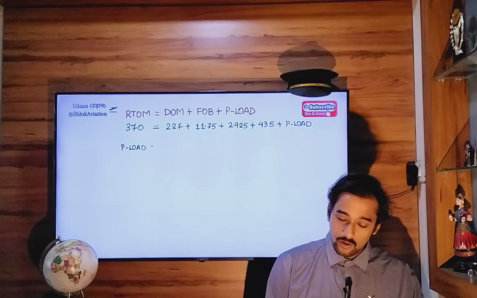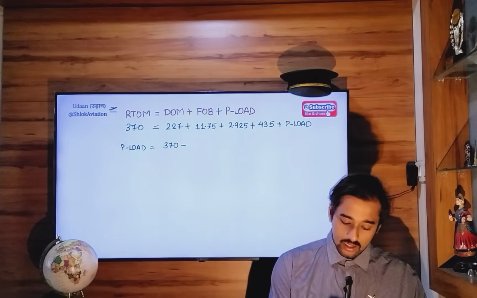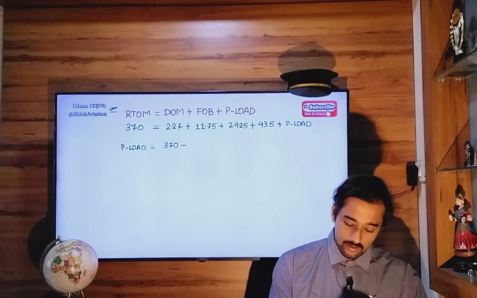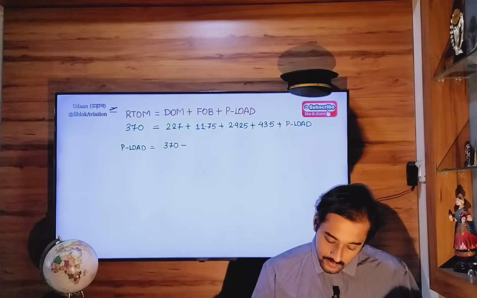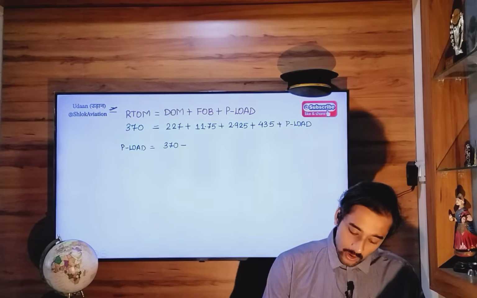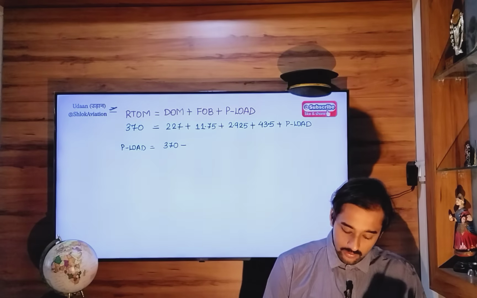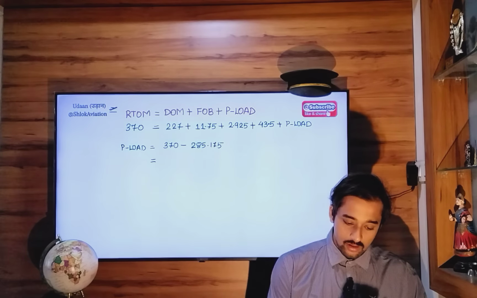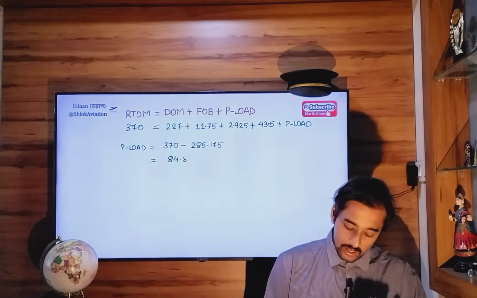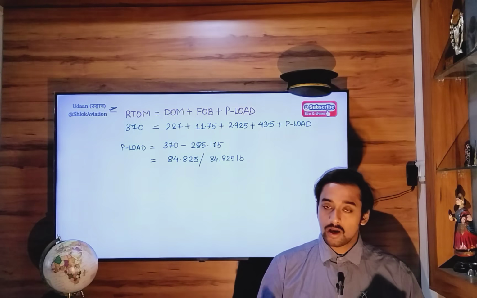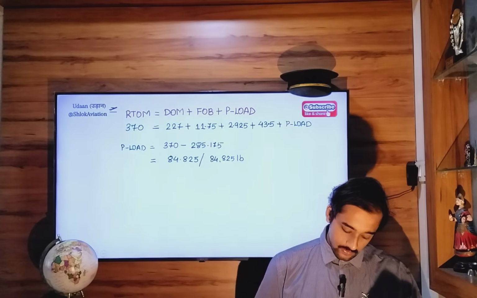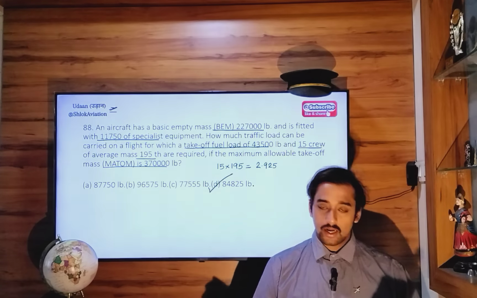Therefore, payload will be equal to 370 minus 227 plus 11.75 plus 2.925 plus 43.5, which is equal to 285.175, which gives 84.825, or 84,825 pound. Okay, so option delta is the correct option.